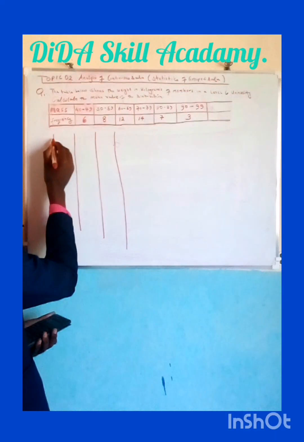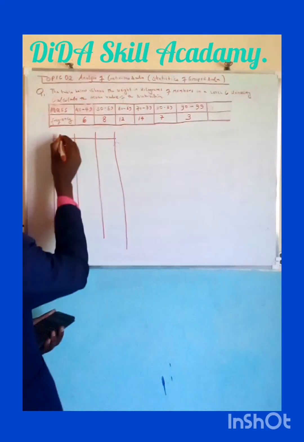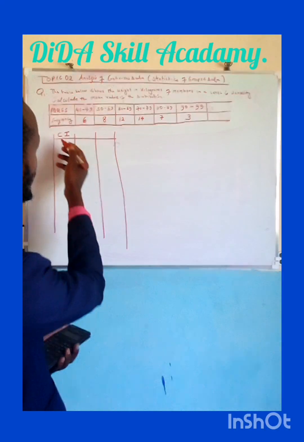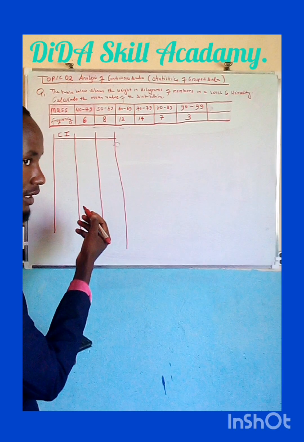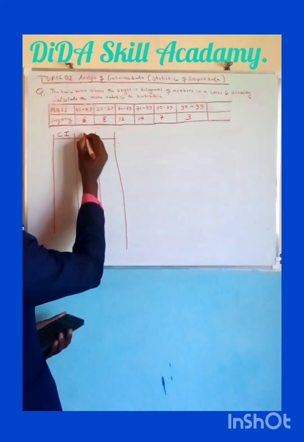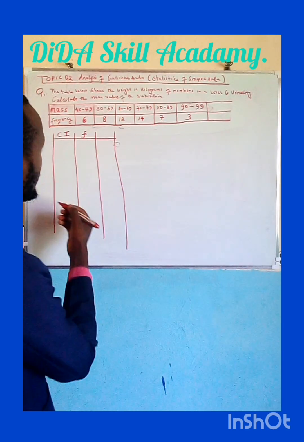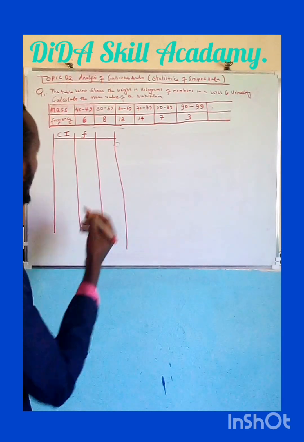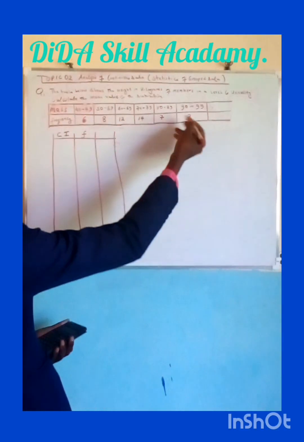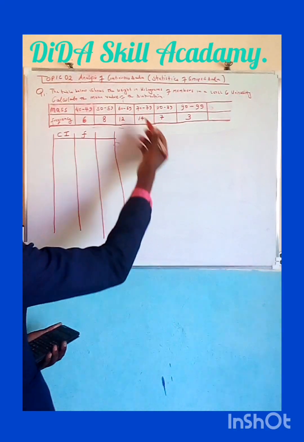On this table, in the first column, we will have our class interval designated by capital C and capital I. Then in our second column, we will have our frequency designated with letter F. How do you arrange them? You arrange them in the order as they are presented in the row of class intervals.